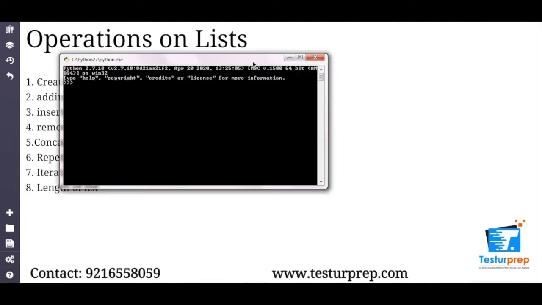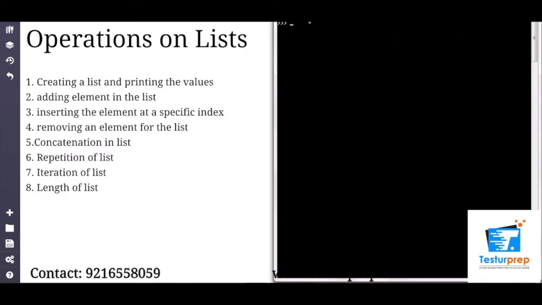So let's create a list first. I give my list a variable as L is equal to, giving a square bracket, I write my list 1, 2, 3, 4, 5 and closing the square bracket.